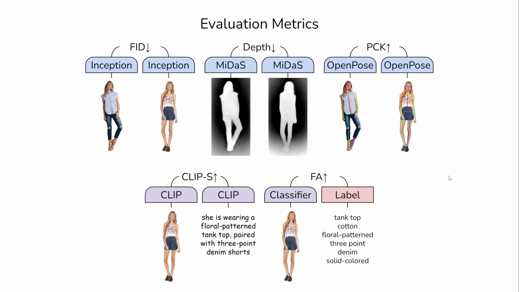And we can also calculate the correctness of key points to have a fine-grained quality evaluation. And to compare the alignment to the input descriptions, we consider the CLIP score and also the fashion accuracy between the generated human and the label of the fashion topics.